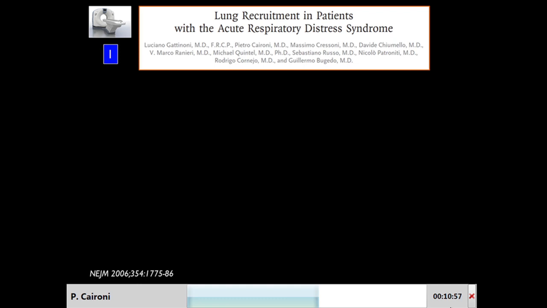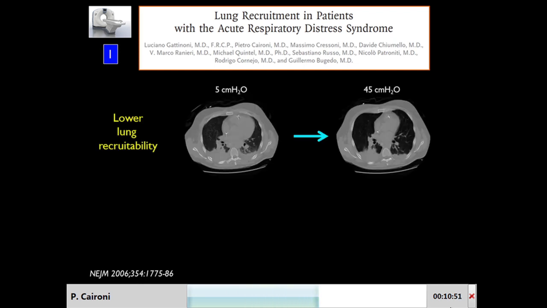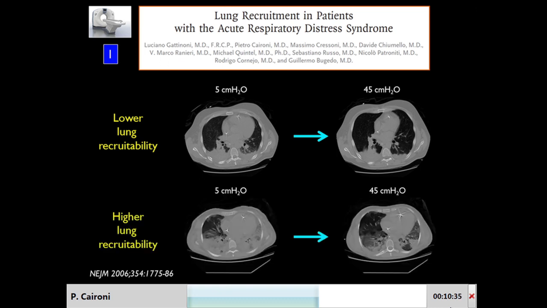And we observed that we have a huge variability of the maximal lung recruitability. We have patients in which, going from 5 to 45 centimeters of water airway pressure, we are not able to open the non-aerated lung regions, the white stuff at the CT scanning, while we have patients in which, if we apply the same high airway pressure, we are able to reduce the non-aerated lung tissue.